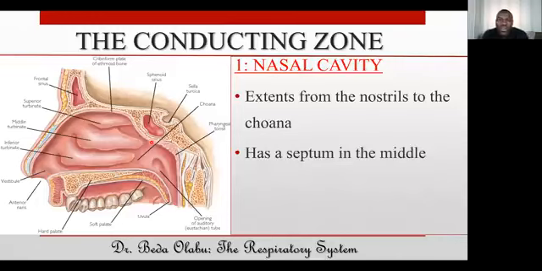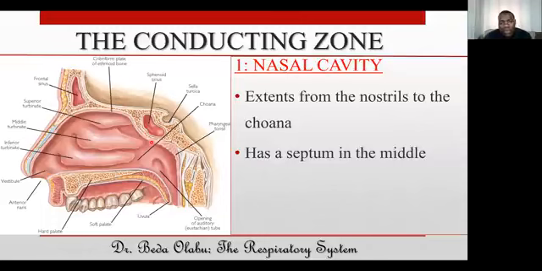We usually believe also that with the presence of the septum, at least you are protected. If something was to block the nose, it would rather block one side, giving you a chance to continue breathing on the other side as that particular blocking structure is being sorted out in one way or another. So it's also a protective mechanism, so that the nasal cavity is not predisposed to total blockage at once.